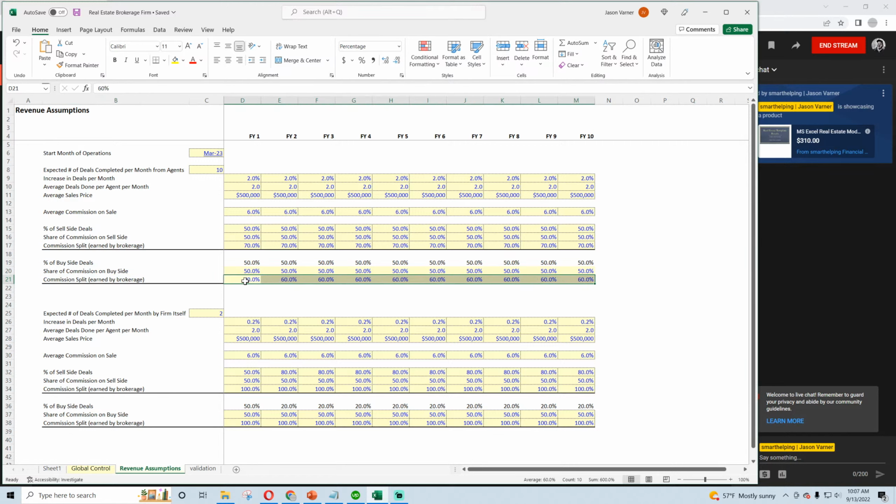So this is the completed deals goal, whatever that number is, and these numbers are arbitrary. You could put in however many you think you're going to do per month to start, and how you think that can grow. Okay, so we have total deals.